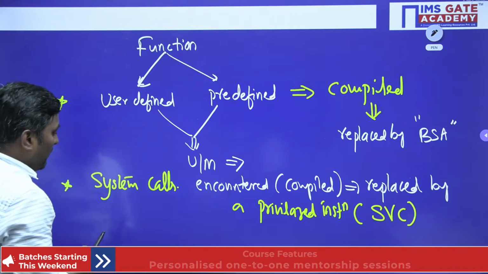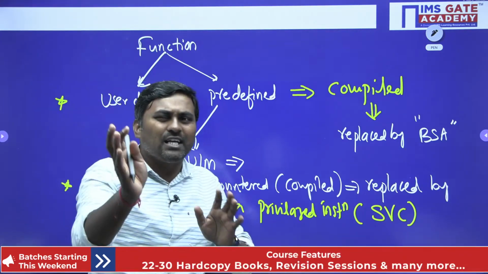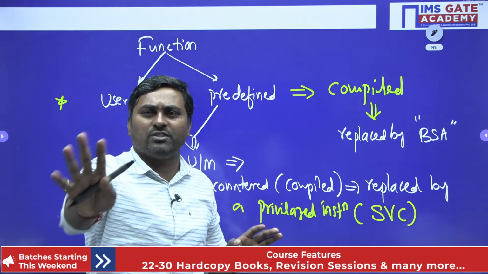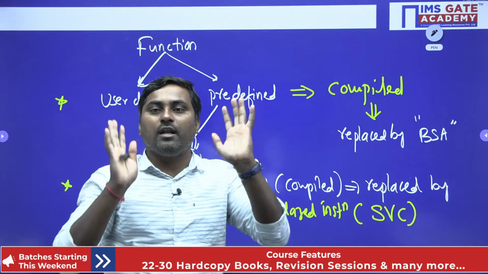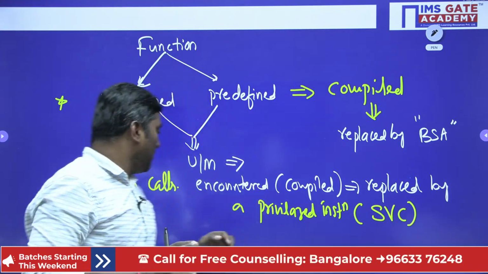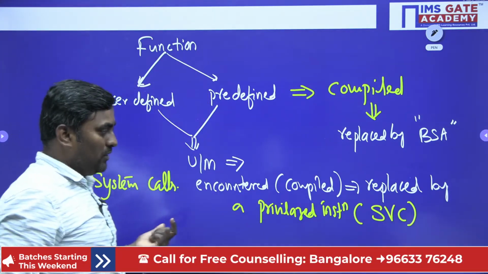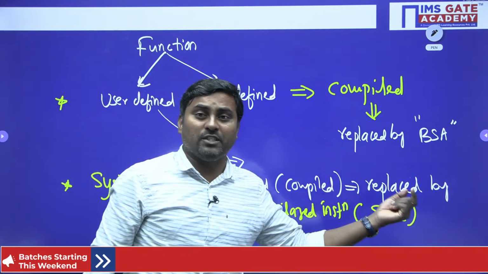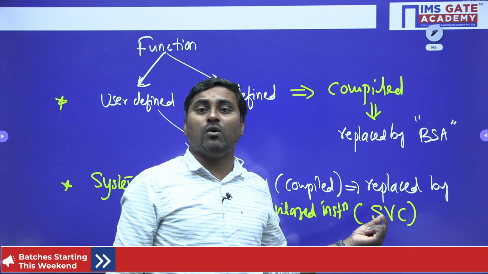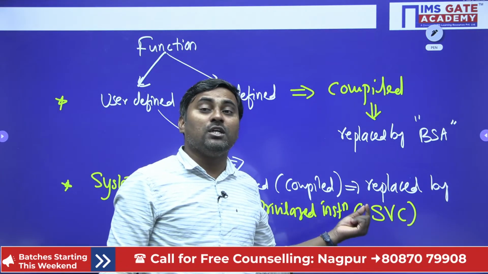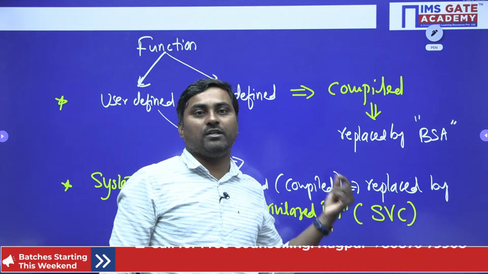Now, whenever such system calls occur, I will give an example and there will be a detailed discussion of system calls. As of now, just look at system calls: some code will run in the kernel part, OS code only. Whenever such system calls are encountered, the compiler replaces them with a privileged instruction called SVC. What is SVC? You write it down: supervisory call.